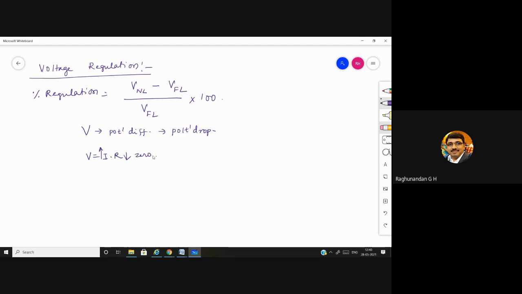Automatically current will increase. But what about voltage? 0. Voltage will be 0, right? So from this, can you tell me on which parameter does the voltage depend? Resistance, right?